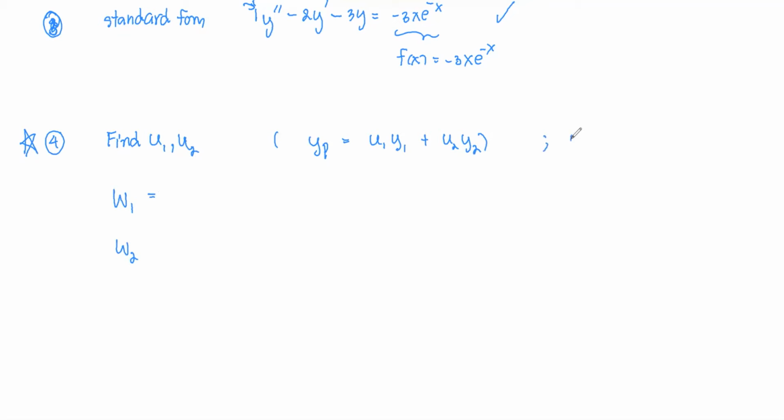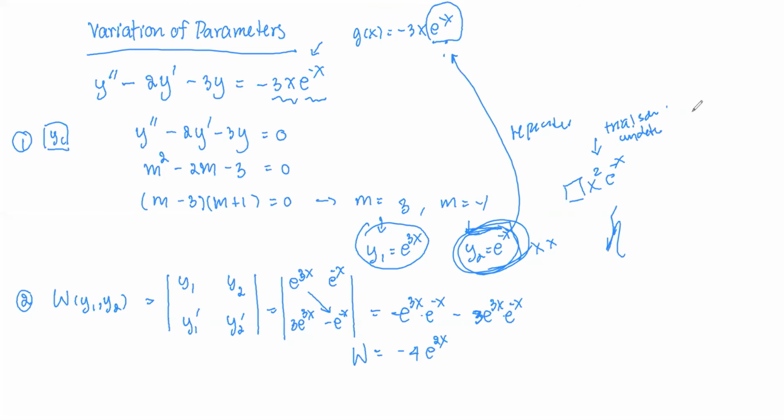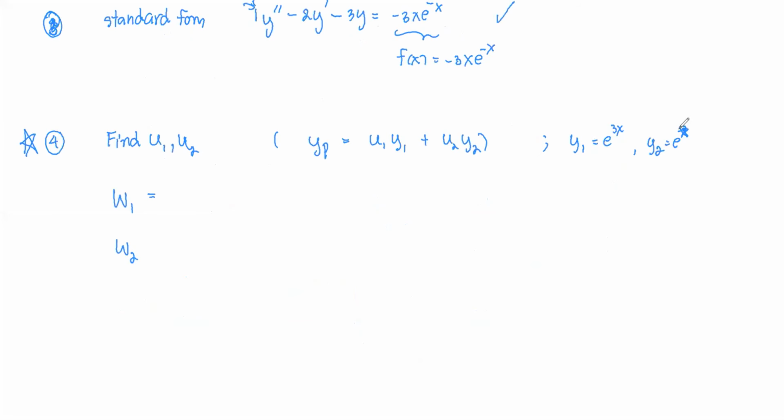Note that my y1 is e to the 3x and my y2 is e to the negative x. Make sure we use the same order as what we started. So W1 is a determinant.